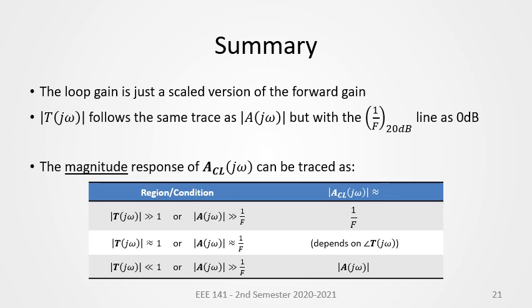If the loop gain is much greater than 1, then the closed loop gain follows 1 over F. If the loop gain is around 1, the closed loop response is highly dependent on the phase of the loop gain. If the loop gain is much less than 1, then the closed loop gain will follow the open loop gain.